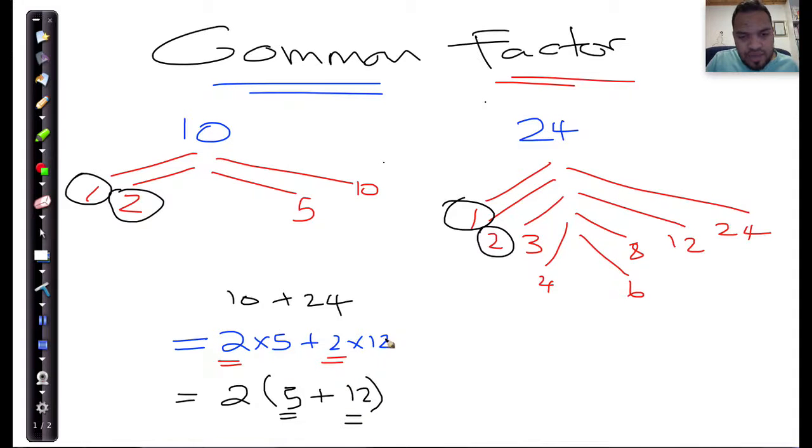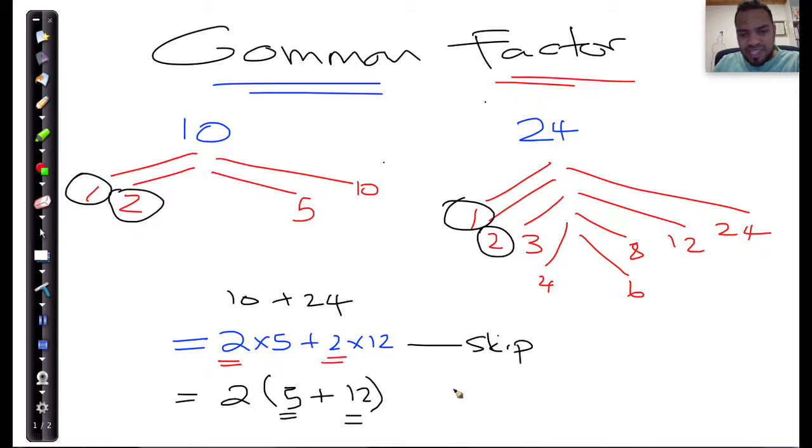But there's a way that I can skip this step, and that's what we're going to be looking at in the next examples of common factors. 2 multiplied by 5 is 2 times 5, and 2 multiplied by 12 is 2 times 12. So if I remove the 2 and put it outside a bracket, and then open up a bracket and say 2 times what will give me 10, the answer is 5. 2 times what will give me 24? 12. That's if you were to skip this middle step.